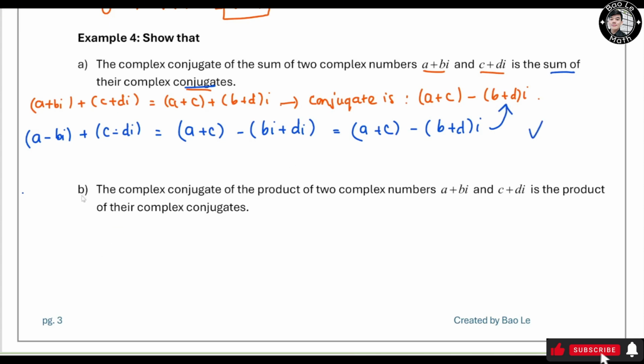Now question B. The complex conjugate of the product of two complex numbers a plus bi and c plus di is the product of their complex conjugates. So we have the product a plus bi times c plus di.